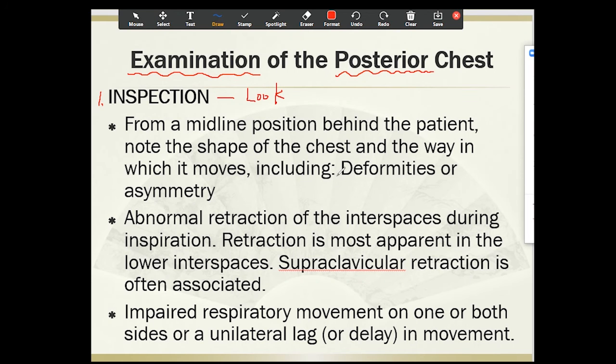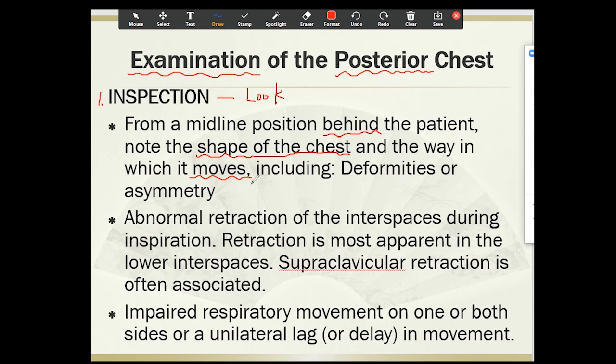We stand behind the patient and look, basically at the shape of the chest. We can also tell the patient to walk a little bit, and then we look at their movement.